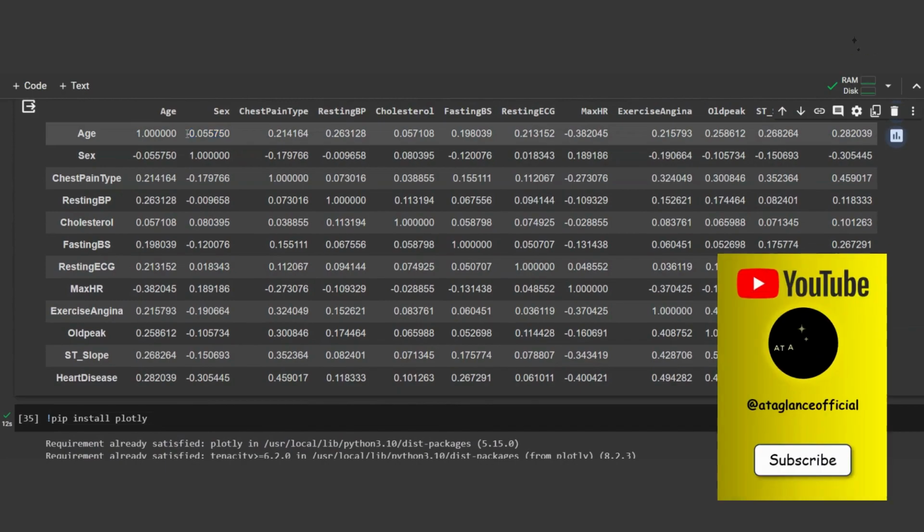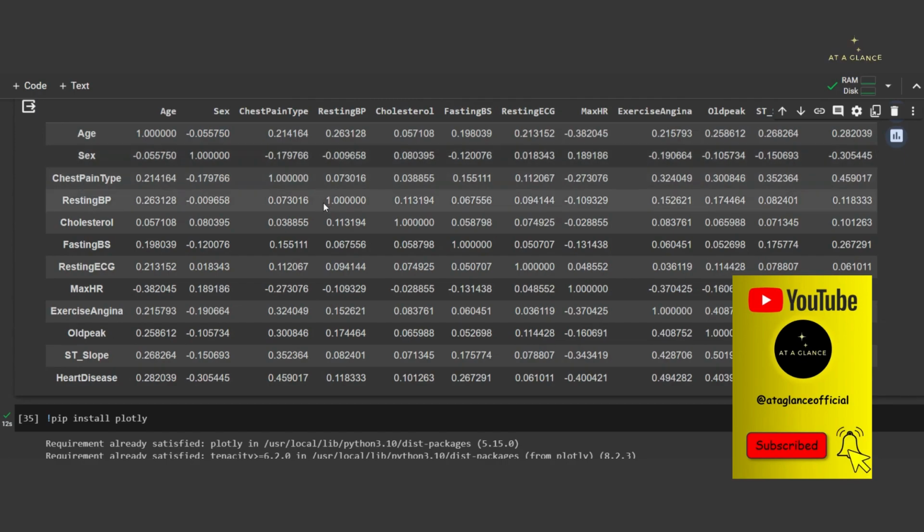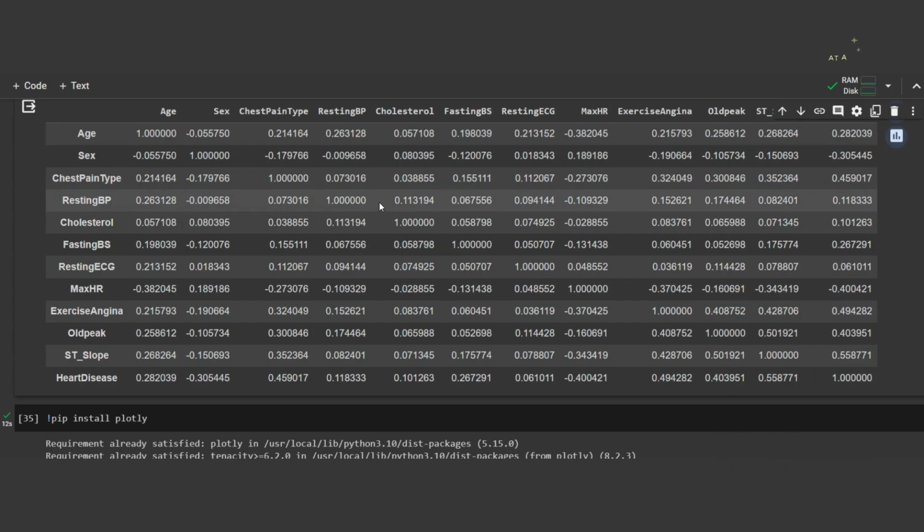A value with a negative sign depicts that the two features are negatively correlated with each other, and a value with magnitude more than 0 tells that they are positively correlated. A correlation value of magnitude 0 tells that the features have no correlation with each other.